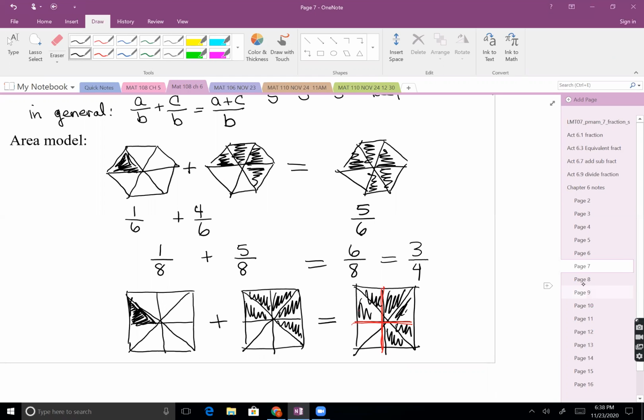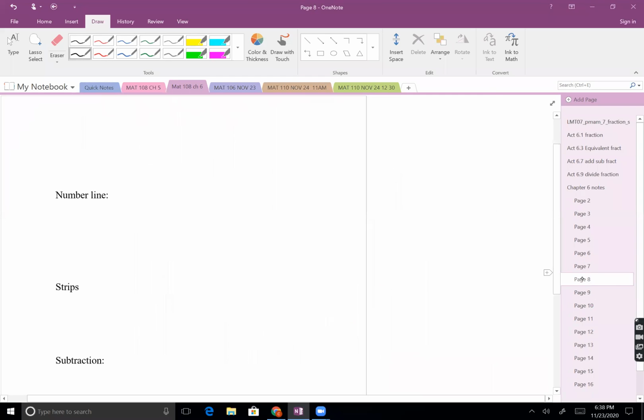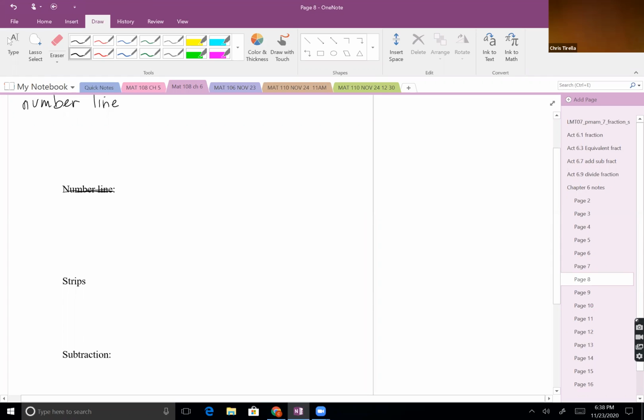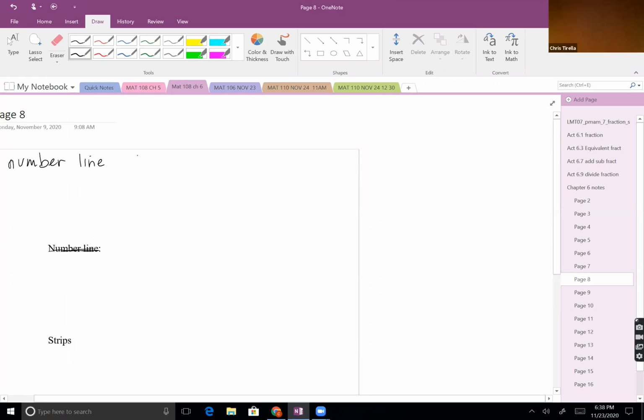Yes. Then another way of adding them is on a number line. I'm going to move this number line up a little bit. And so let's say with the number line, I want to add 3/8 plus 2/8.